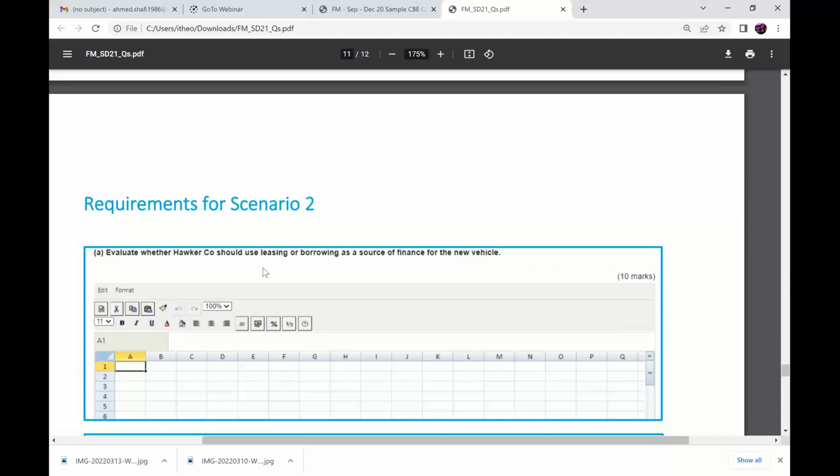So you need to decide either the company should use leasing or the company should use borrowing. Obviously there are two options, so we need to decide that.